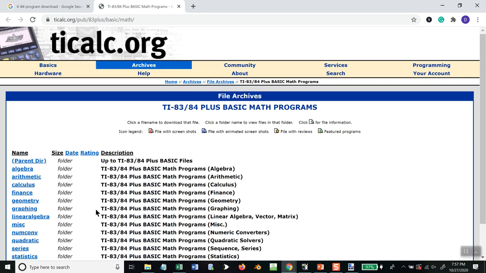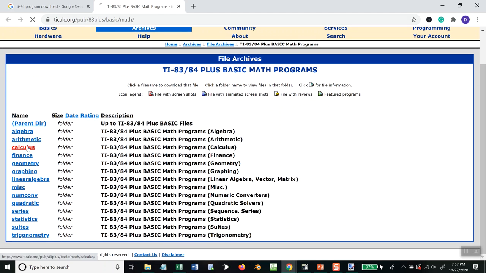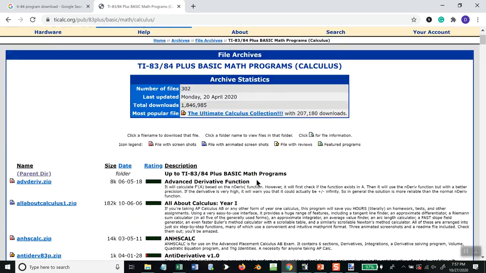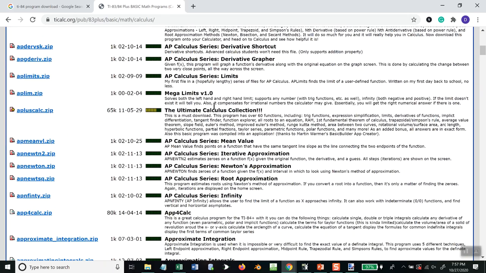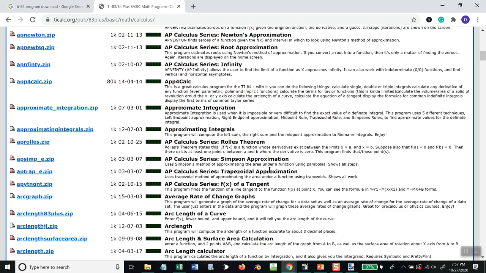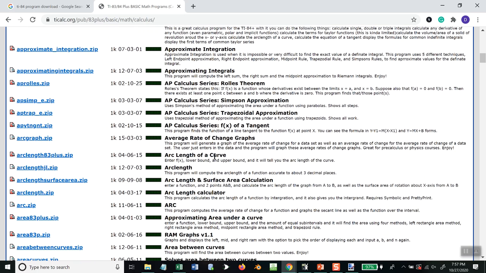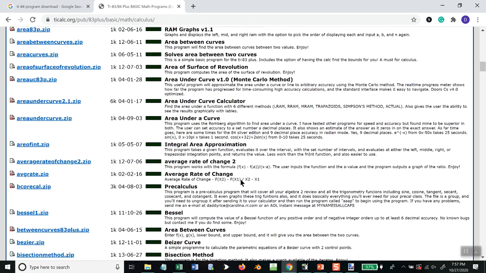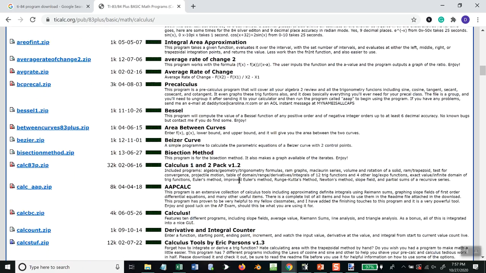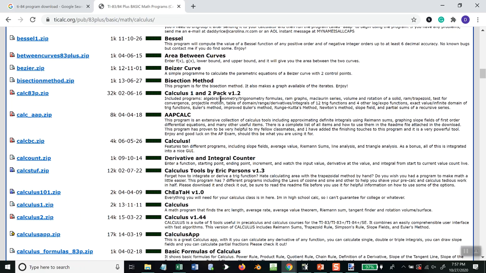And then when you go there, you can choose different categories. If I went to calculus, there's programs to do limits, about everything you can imagine. Newton's approximation, arc length of a curve. That's what we're getting ready to do. Bessel, yeah. Calculus 1 and 2 packs. So I guess there's a ton of things you can download.